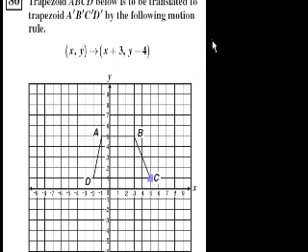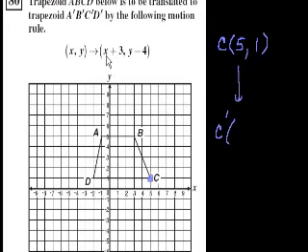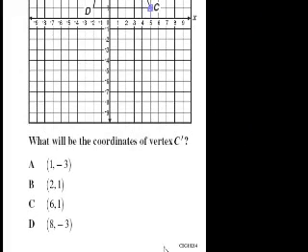C is x equal to 5 and y equal to 1. So C prime, we'll just use this mapping rule. You add 3 to the x, so it's going to be 8. And you subtract 4 from the y, so 1 minus 4 is -3. 8, -3. And that's choice D.